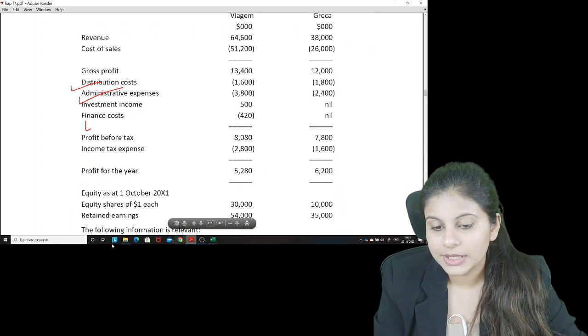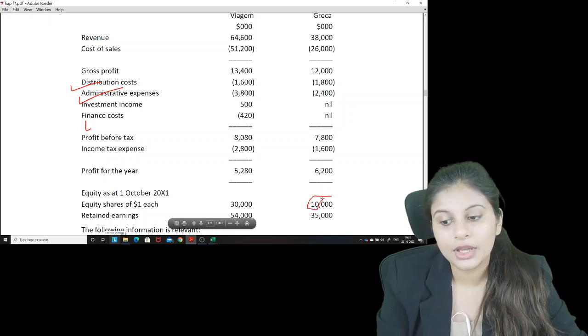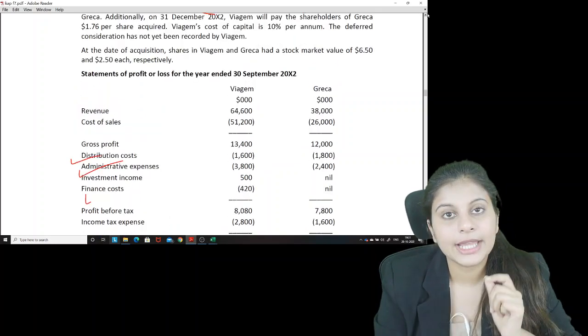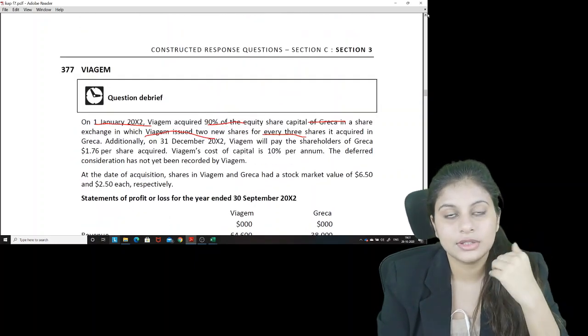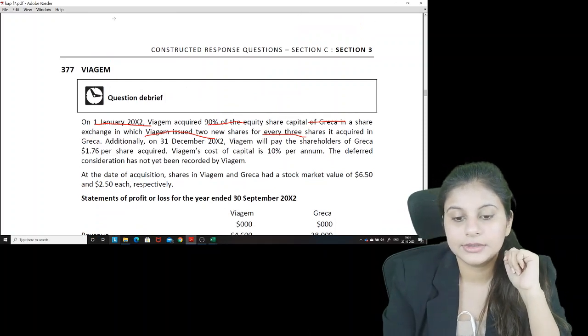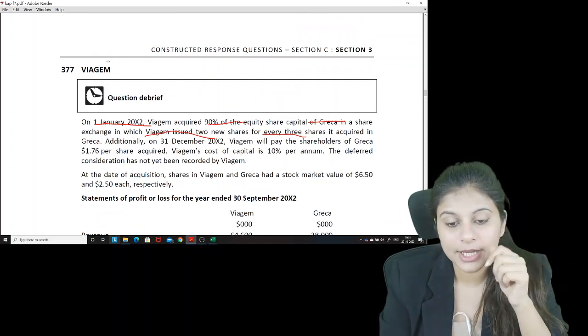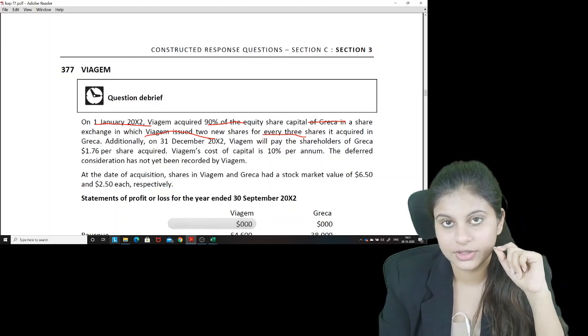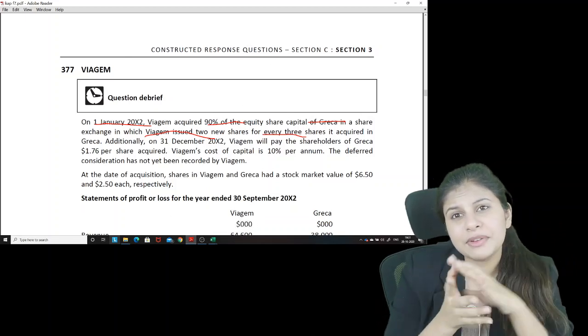Equity share capital is given here. It is 10,000. And what is 90% of 10,000? That is 9,000. So we acquired 9,000 shares of subsidiary. And what is the price which we paid? We paid 2 new shares for every 3 shares. So 2 new shares for every 3 shares.